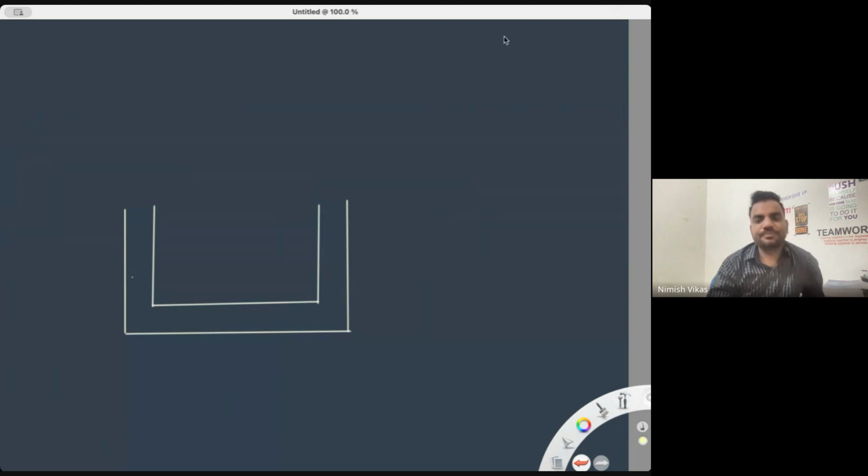It's a glass tube. In this glass tube, we fill one electrolyte, which is a neutral electrolyte. Now, what is the meaning of neutral here?